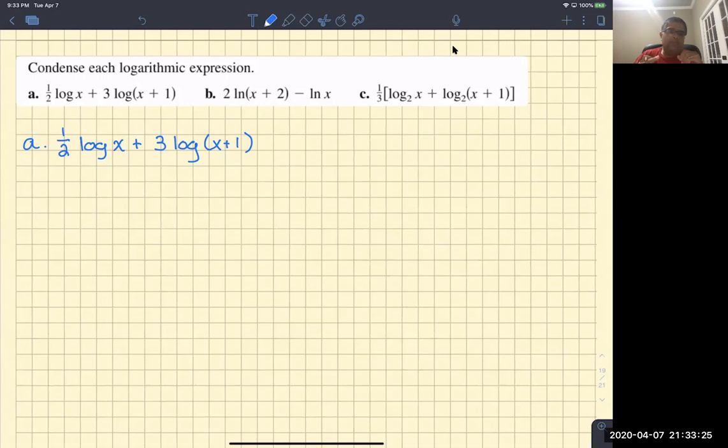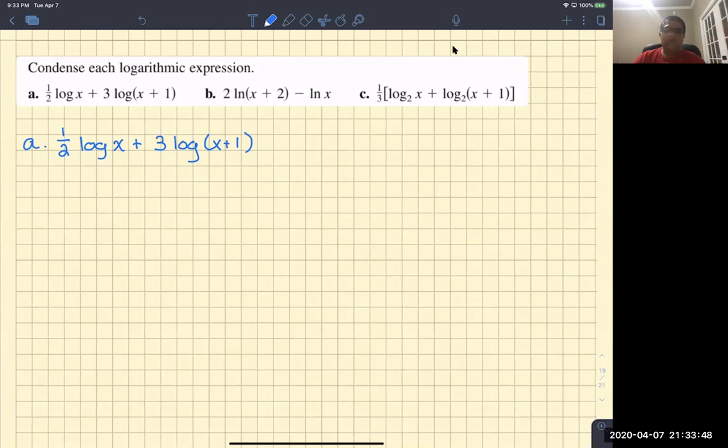So what do I mean by that? Well, you want to get rid of any exponent, anything being multiplied to the logarithm first by using the power rule. And then you want to do the product rule by condensing any addition to multiplication. And then lastly, you want to do the quotient rule by condensing any subtraction problems as a fraction.